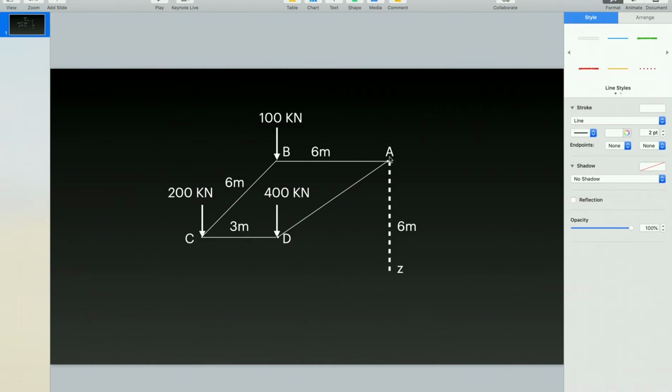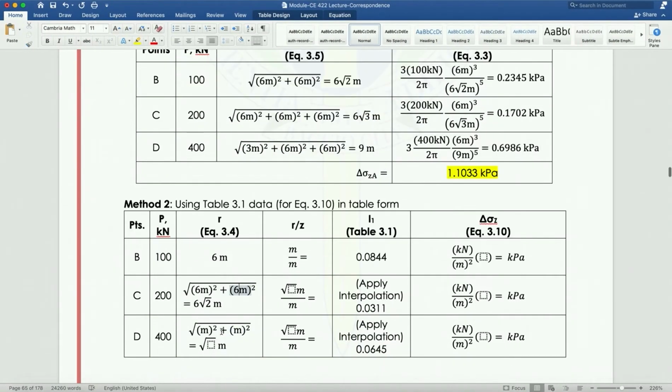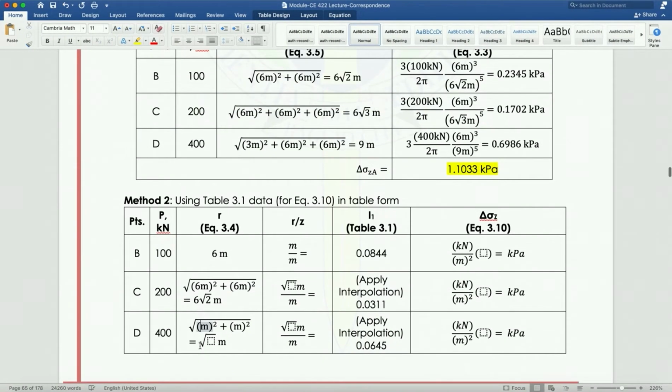From this point to this point, what are the coordinates involved? Take note, this is 3 meters. So 6 minus 3, so this is also 3. And we have here the 6. So we have 6 squared plus 3 squared, and that is equivalent to 3 the square root of 5.